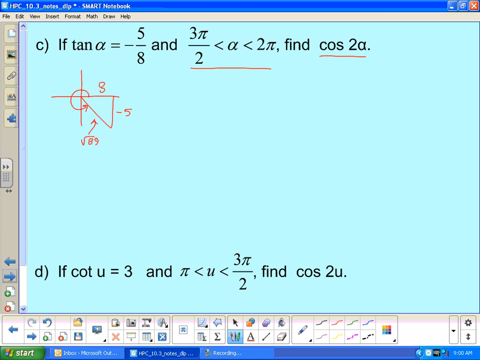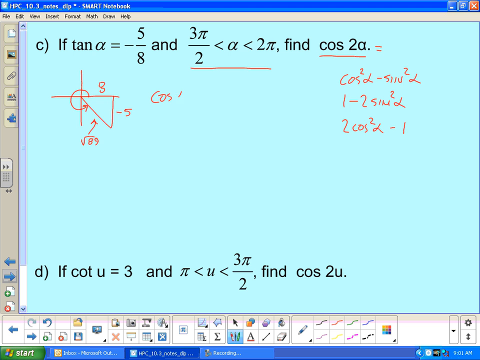And for our cosine double angle, we actually, again, have the 3 options here. We can write this as cosine squared alpha minus sine squared alpha. We could do 1 minus 2 sine squared alpha, or we can do 2 cosine squared alpha minus 1. Those are our 3 equivalent expressions for a double angle cosine.